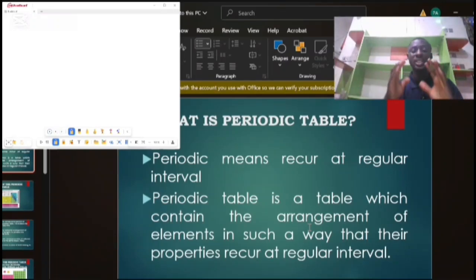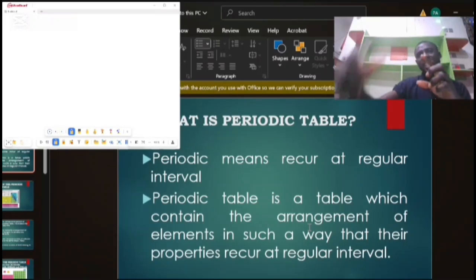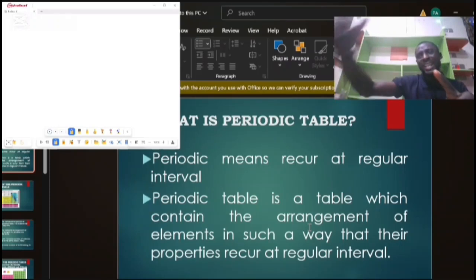That means the way this table is designed, elements that have the same property, and that property occurs at regular interval, that means that property, you will see it in other elements.